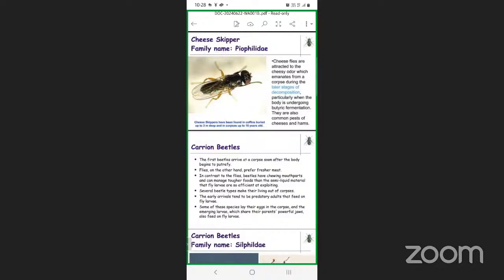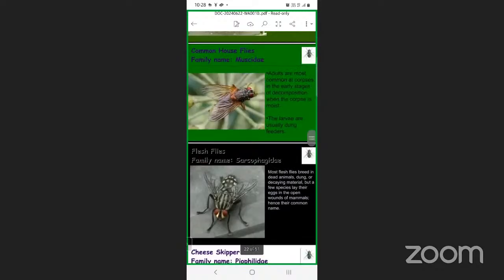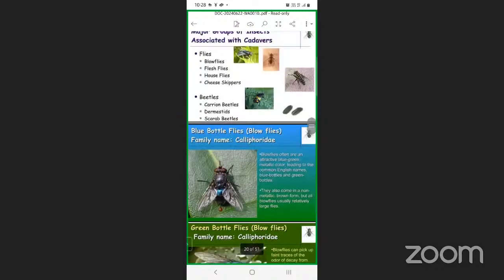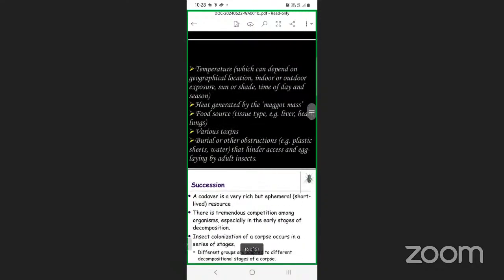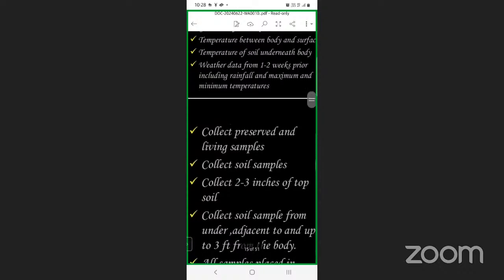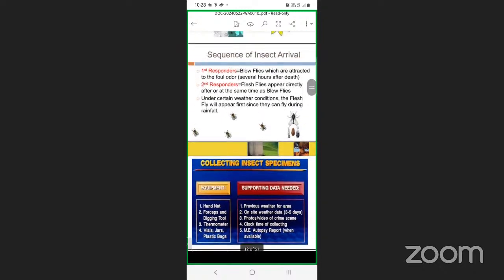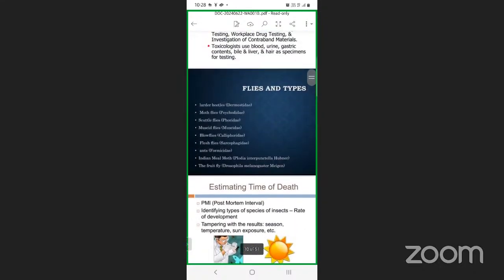And some of these species lay their eggs in the corpse and use their powerful jaws to make the conditions helpful for their life cycle to continue.